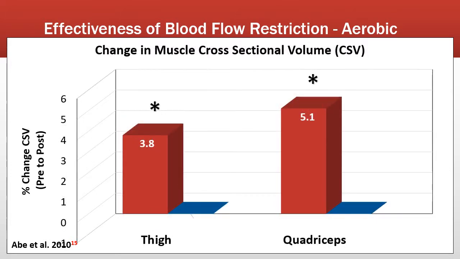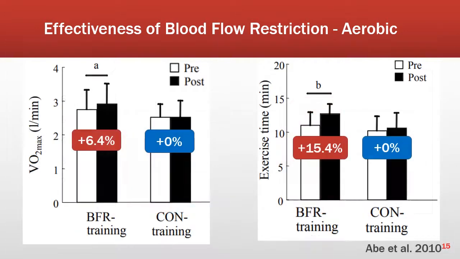Okay, and then if you look at the cross-sectional volume, which is different than the area, because we're taking the volume, so back to your geometry. Then in the y-axis, again, same results, and you can see that there is little to no change pre and post these 8 weeks, these 24 sessions for the aerobic group.